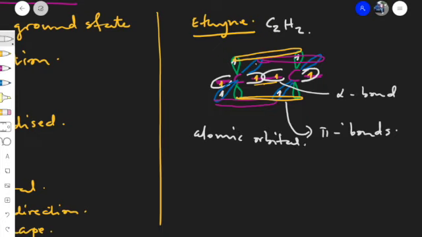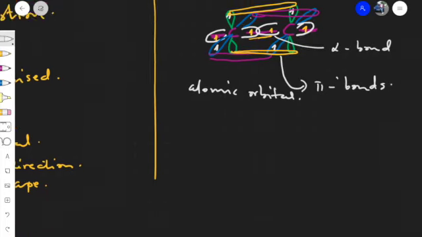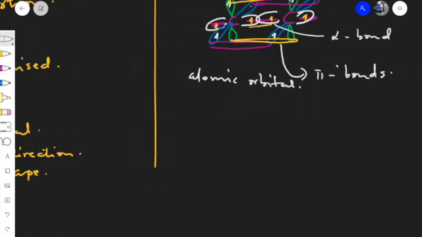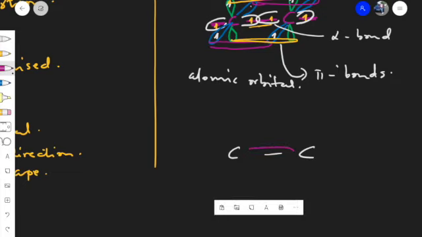Right. So let's look at how the molecular orbital is going to look. I think by now you have an idea of what I am actually talking about. So your molecular orbital is going to look like this, right?